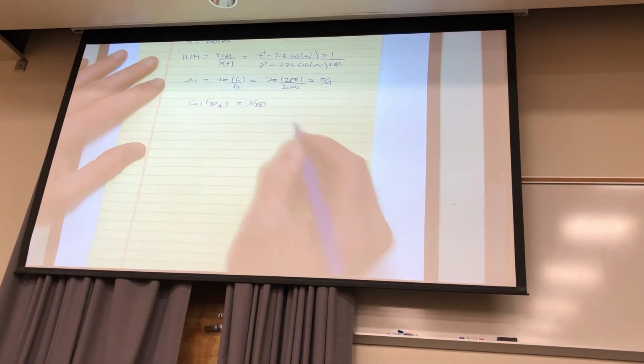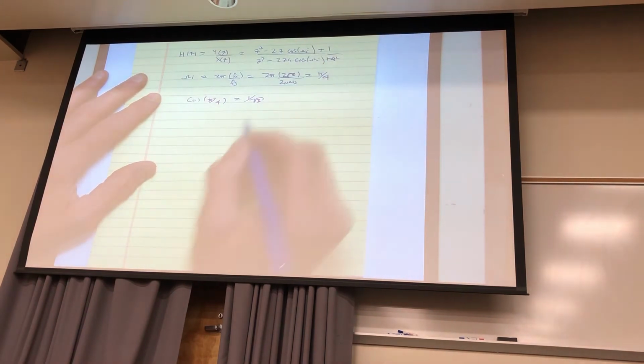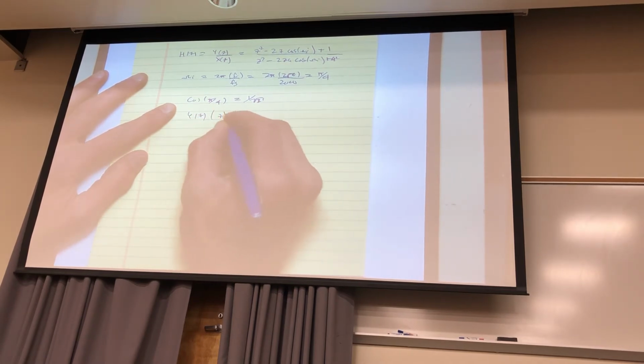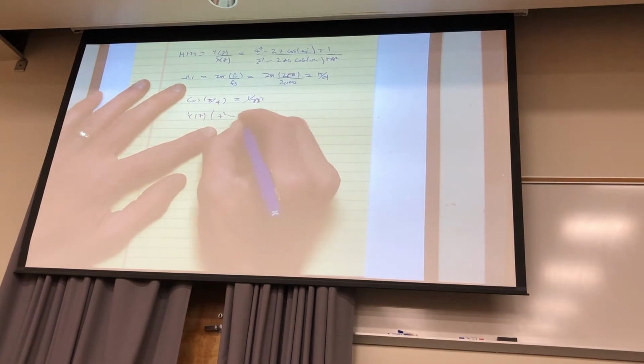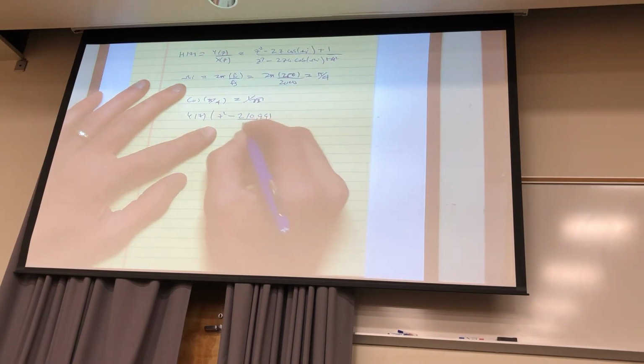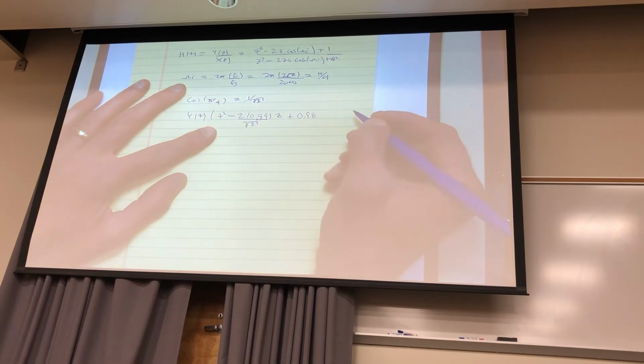After that, when you fill it in for this one, you're going to get Y(z) times z squared minus 2 times 0.99 times the cosine of that, which is 1 over square root of 2, times z, and then plus 0.98, or just put 0.99 squared.